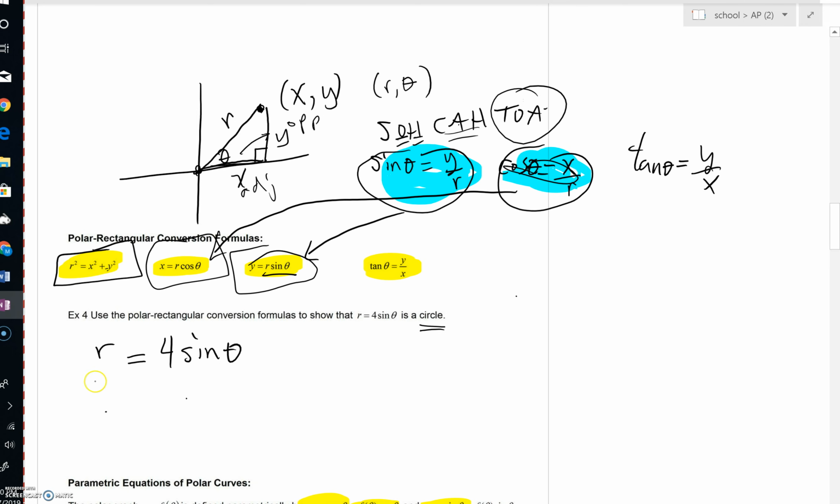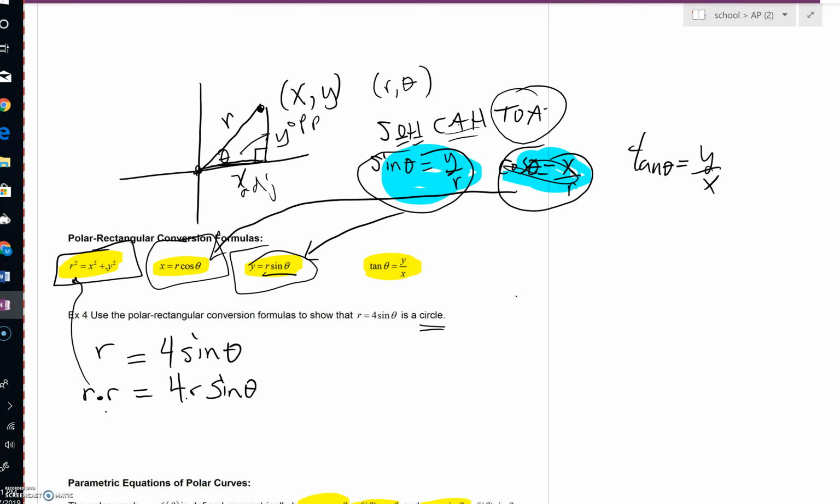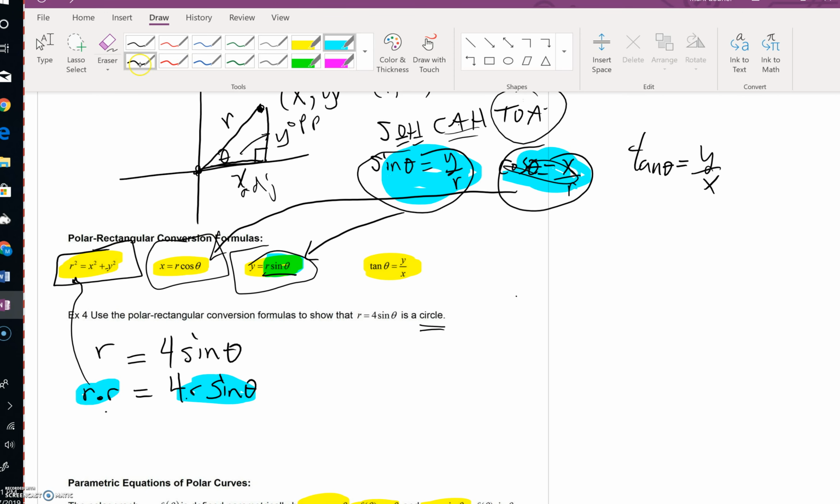Tell you what, we could very quickly multiply both sides by r to get r squared. And this is doubly helpful because what I do to one side, I do to the other side. Look, I guess what I'm trying to get at is now I'd have an r sine theta. That's what I'd really like to see. On the left side, I'd have an r squared.